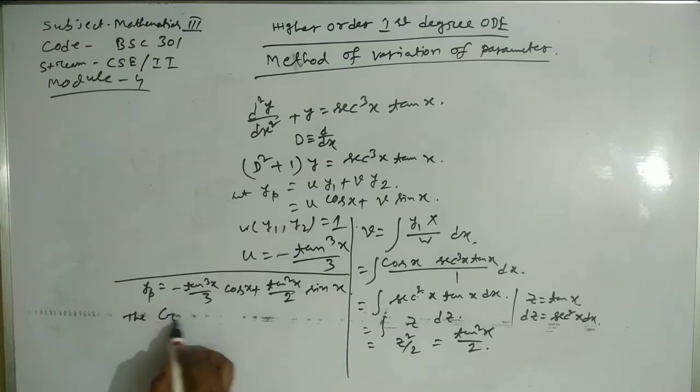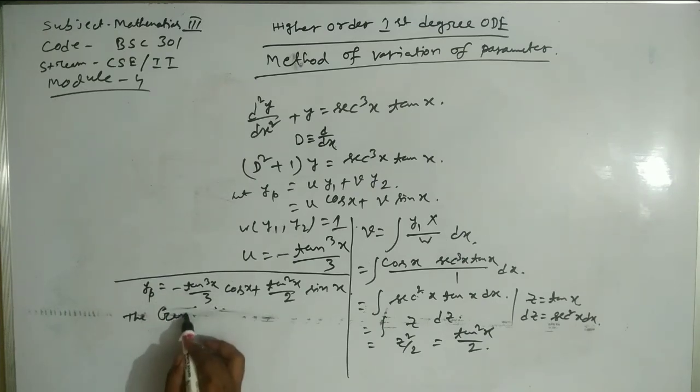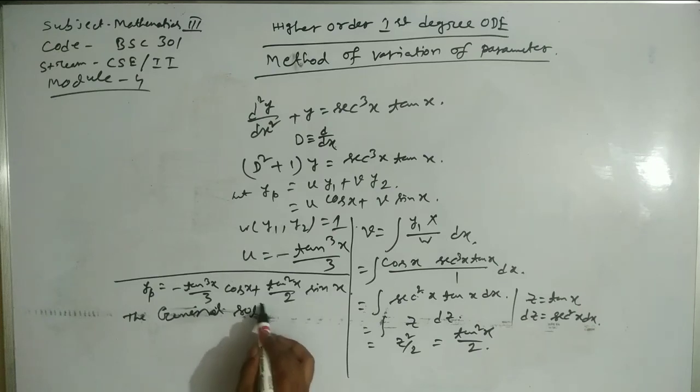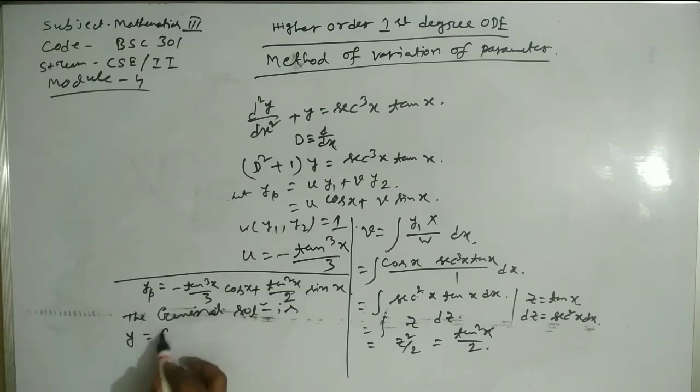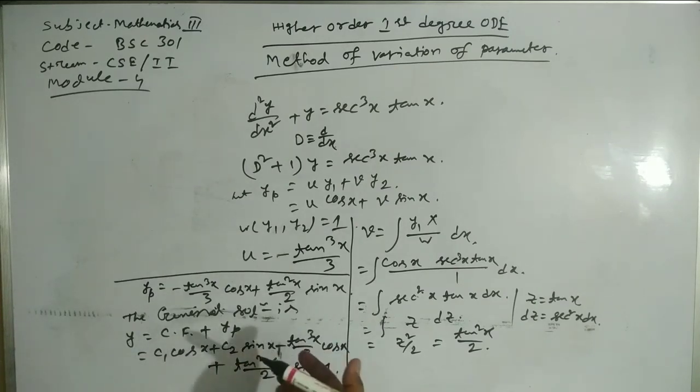The general solution is y equals cf plus yp, where our cf was c1 cos x plus c2 sin x, plus yp, that is minus tan cube x by 3 cos x plus tan square x by 2 sin x. So this is our required general solution.